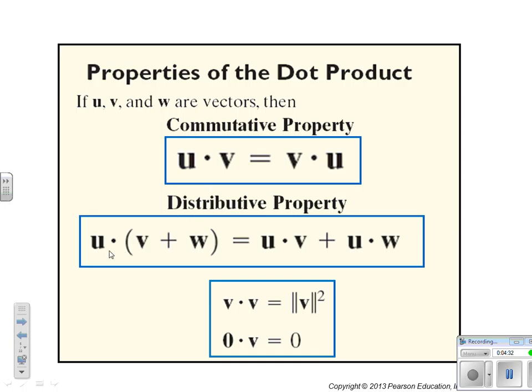The distributive property says if I find the dot product between u and the resulting vector of v plus w, it's the same as finding the dot product of u and v and adding it to the dot product of u and w. The dot product of a vector with itself is the same as the magnitude squared. And the dot product between 0 and a vector is 0.